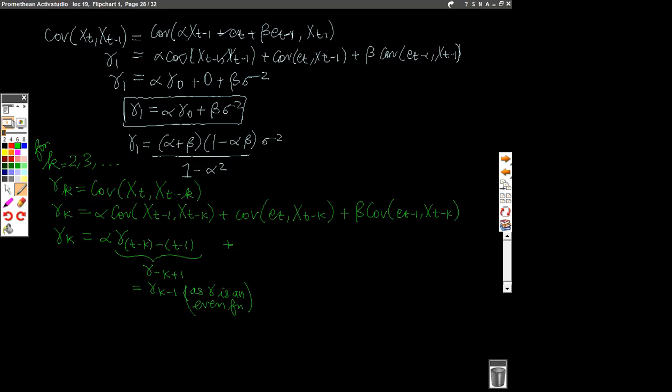So now, can someone tell me the value for this? I have to figure out this value for all values of k higher than 1. I know that even if I have 1 here, it's going to be 0. So for anything greater than 1, it's going to be 0. Perfect. And now what will be the value here? I have et minus 1 and there I have xt minus k.